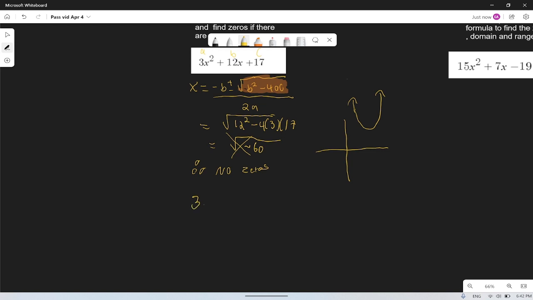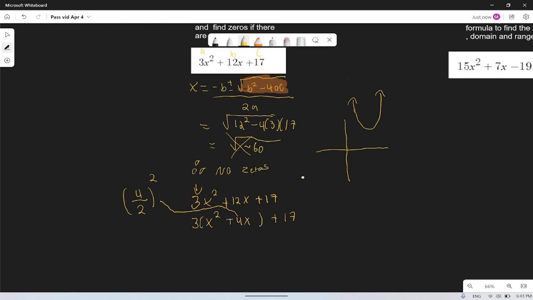So our function is 3x squared plus 12x plus 17. The way we complete the square is by factoring out this coefficient right here from the first two terms. So we have 3 times (x squared plus 4x) plus 17. We leave the c term outside the bracket. Then we take this term here and divide it by 2, and then square it.